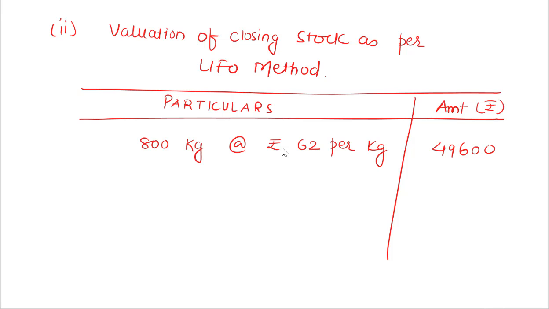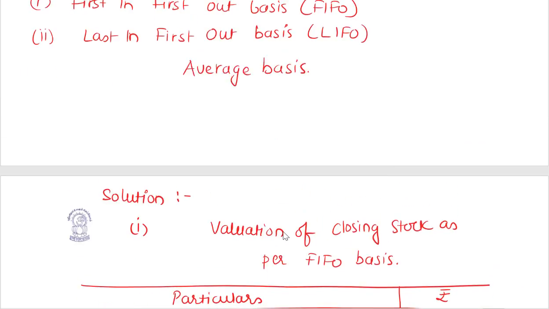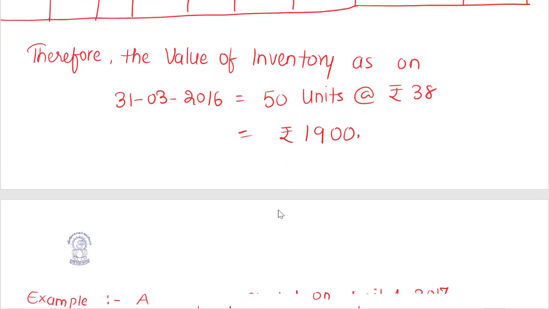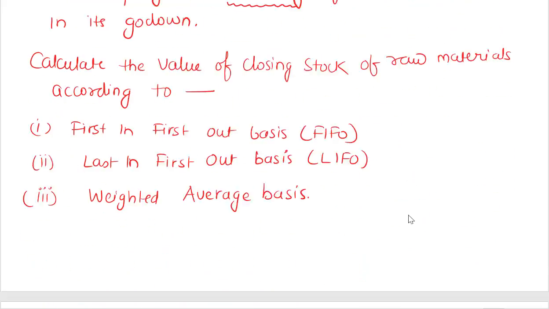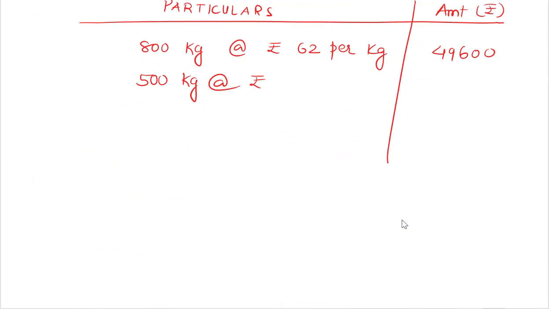And 500 kgs would be from 57 per kg. So 500 multiplied by 57 is 28,500.